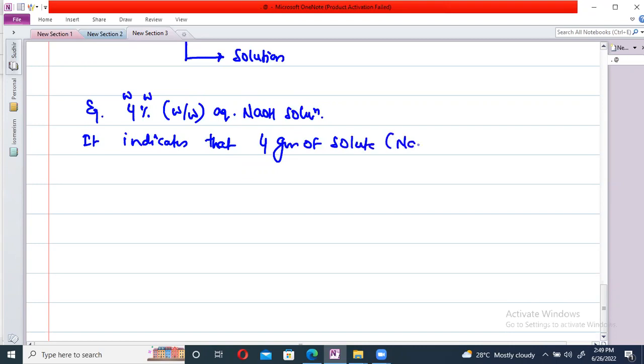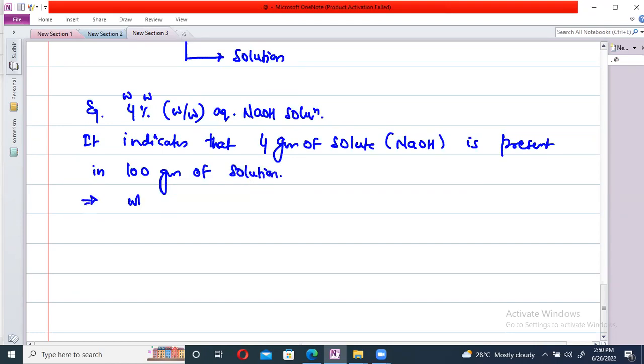What is the solute we have? NaOH. 4 gram of solute is present in 100 gram of solution.